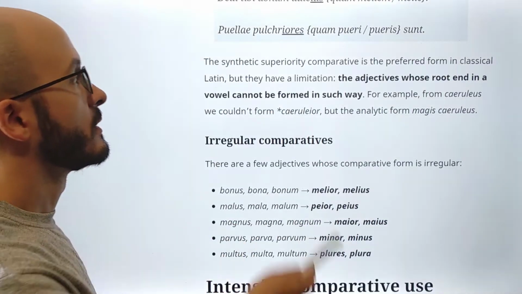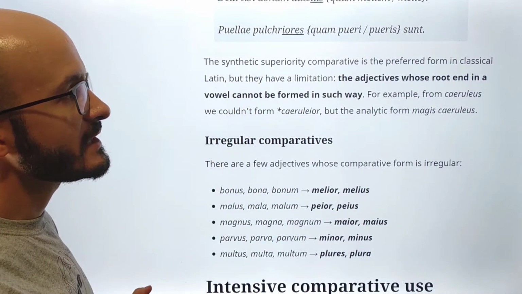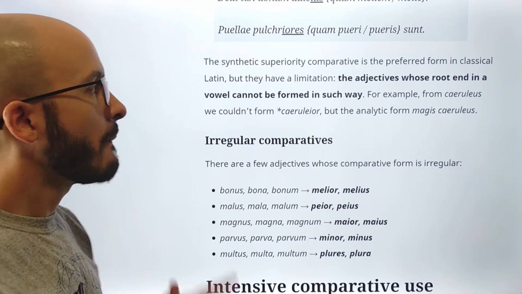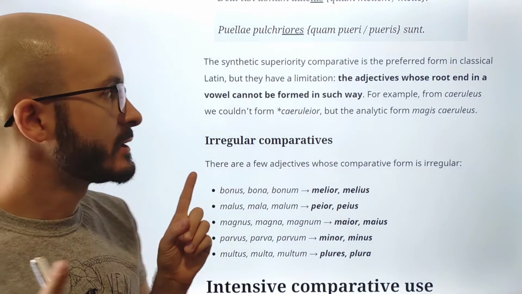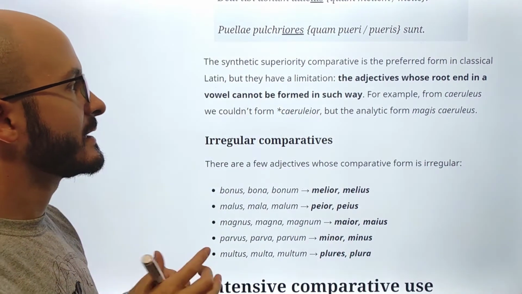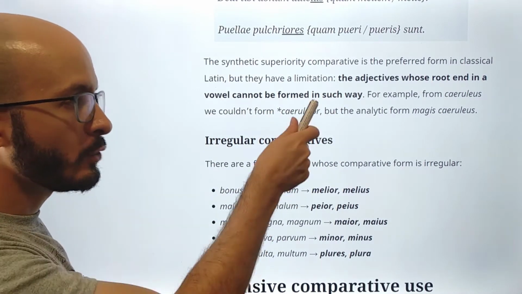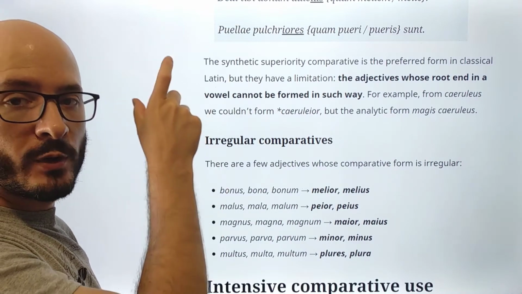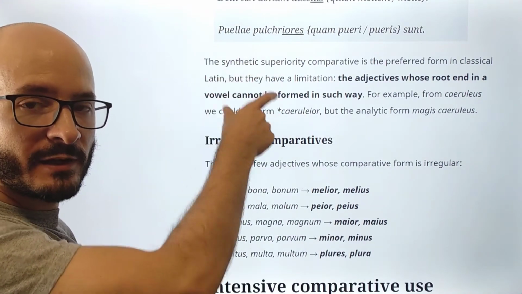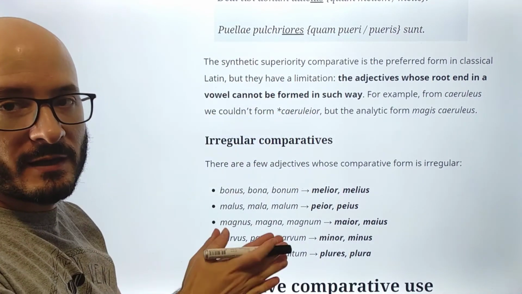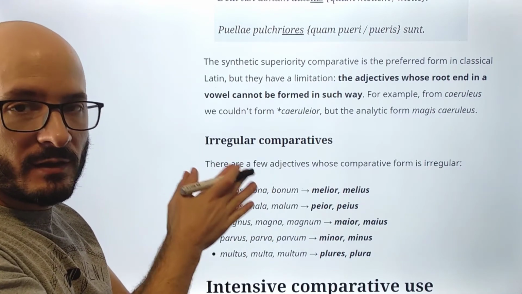Now, we mentioned the synthetic superiority comparative is the preferred form in classical Latin, but it has a limitation. The adjectives whose root ends in a vowel cannot be formed in such a way. For example, from caeruleus, because remember that we said for these synthetic comparative forms, we take the root of the adjective and then add the suffix.